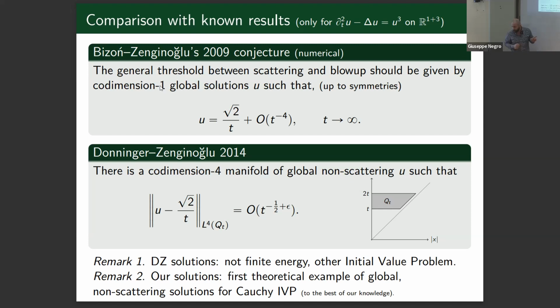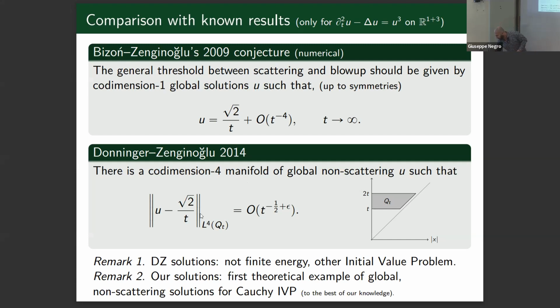And this formula here, we saw it. This is exactly what our solutions look like. We have something to say on this -4, but this is a minor technical thing. This is the profile, pointwise. They kept studying this problem, and there is this paper with Roland Donninger and Daniel Zenginoglu. They do find such a manifold of threshold solutions. But it's codimension 4, not codimension 1.